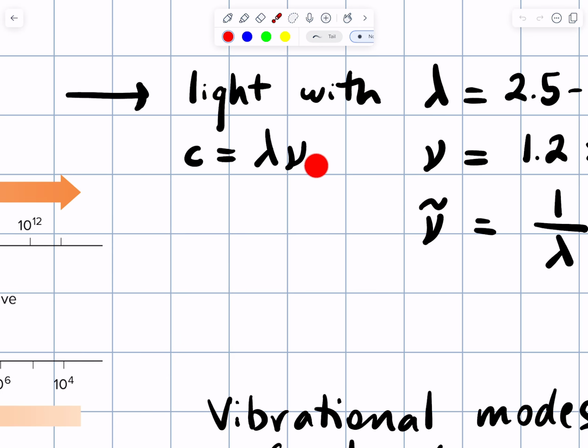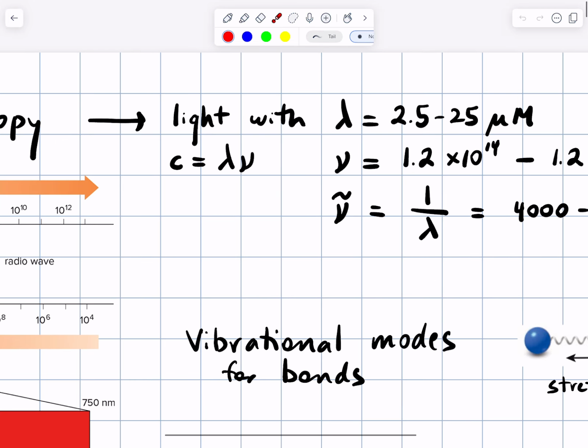In other forms of spectroscopy, they'll use wavelength. It really depends on whether you want to talk in frequency, which is hertz, or wavelength, which is meters. In the case of IR, for historical reasons, the wavelengths that excite vibrational transitions are in the range of 2 to 25 micrometers.